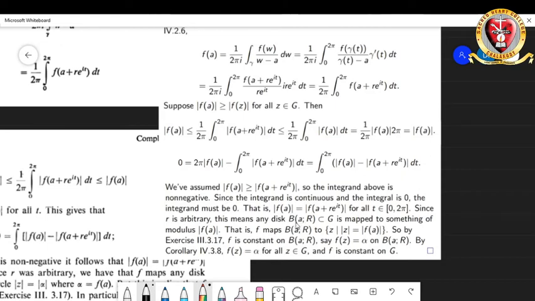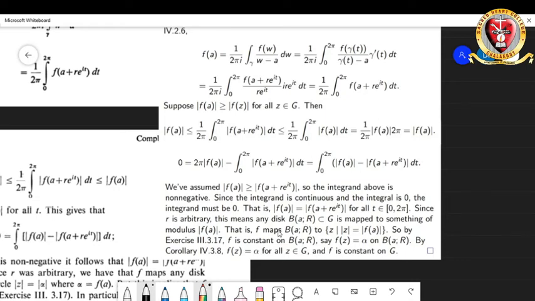So this open disk is an arbitrary disk, and it is mapped to something of modulus f of a. So f maps B(a, r) to the set of all z such that modulus of z is equal to modulus of f of a.